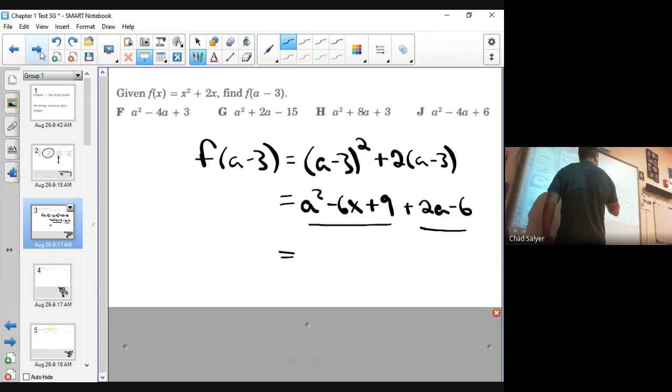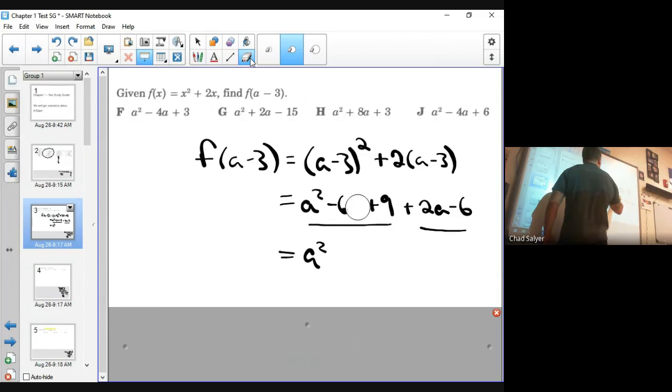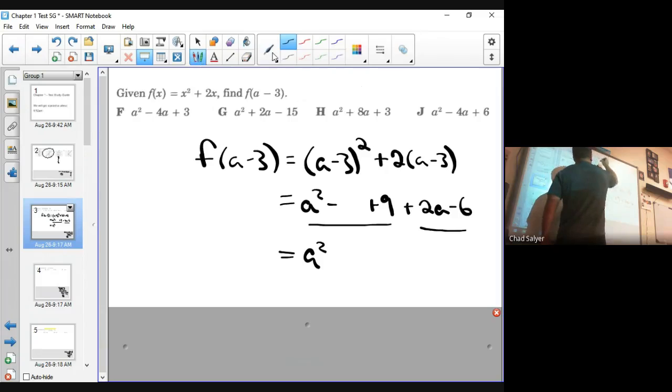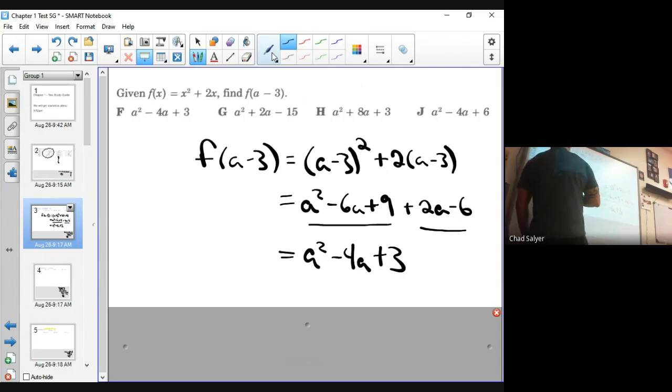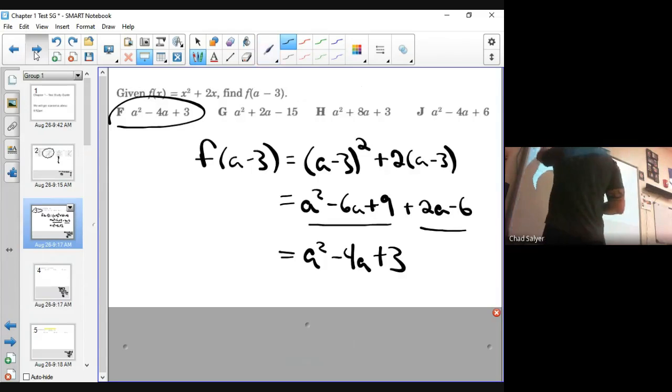Now let's combine like terms. So a squared, and also, why I wrote x there, that should be an a. There we go. So minus 6a plus 2a is minus 4a, plus 9 minus 6 is plus 3. So this is a squared minus 4a plus 3, F as in foxtrot.